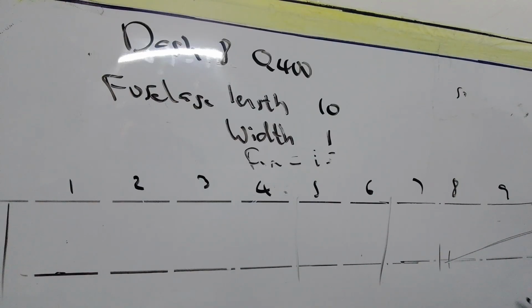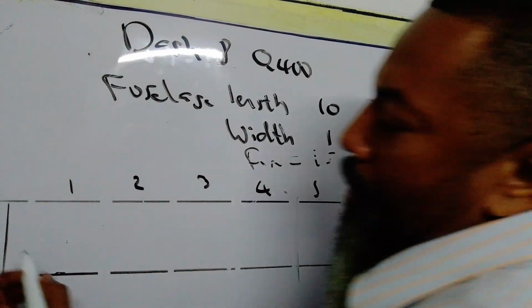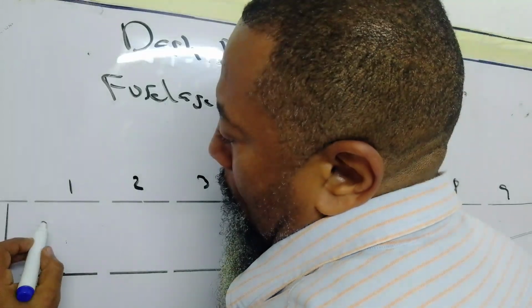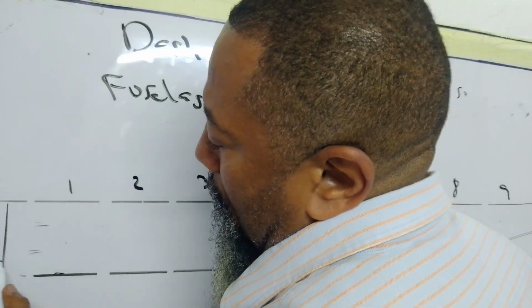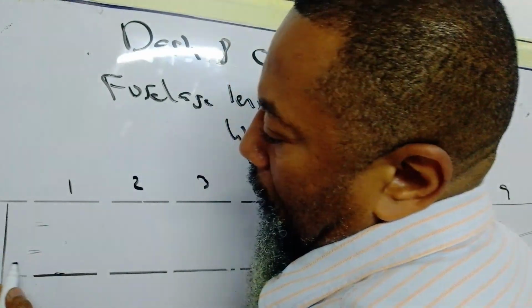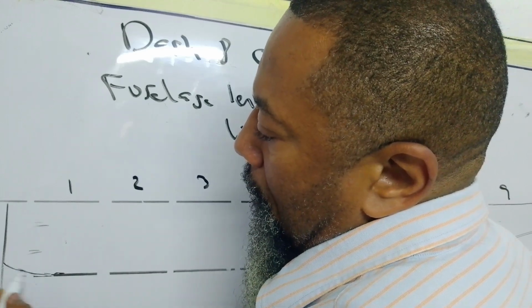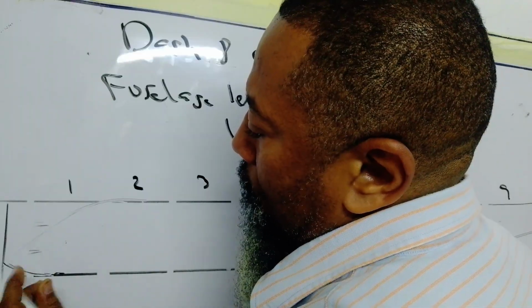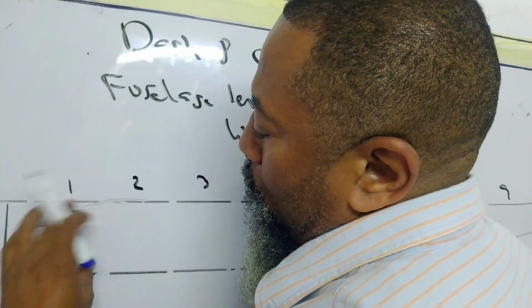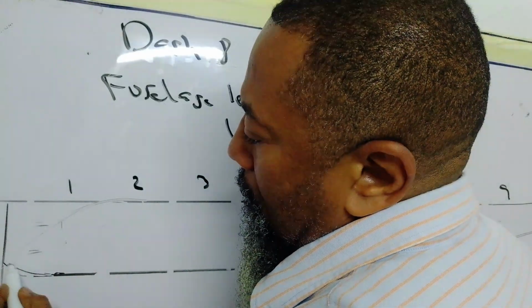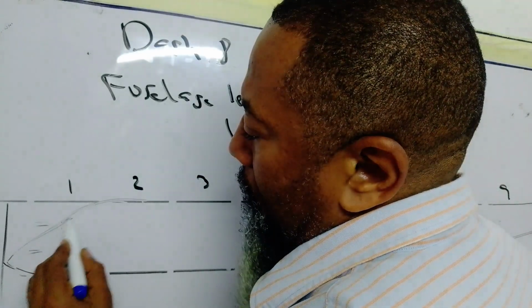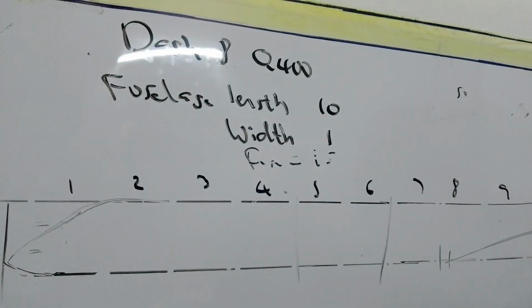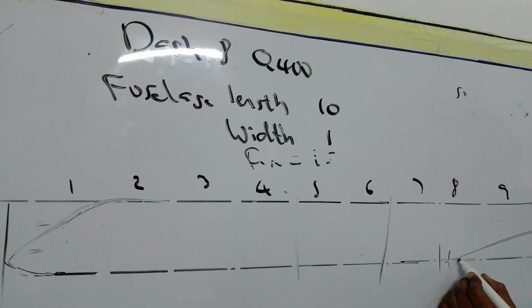The fuselage moves up, and I divide this into 3 portions. So 3 portions there, so that I look at my fuselage. My fuselage nose is somewhere there, like that. Okay, so you can see the aircraft is beginning to shape up, and we want a tail strike angle.